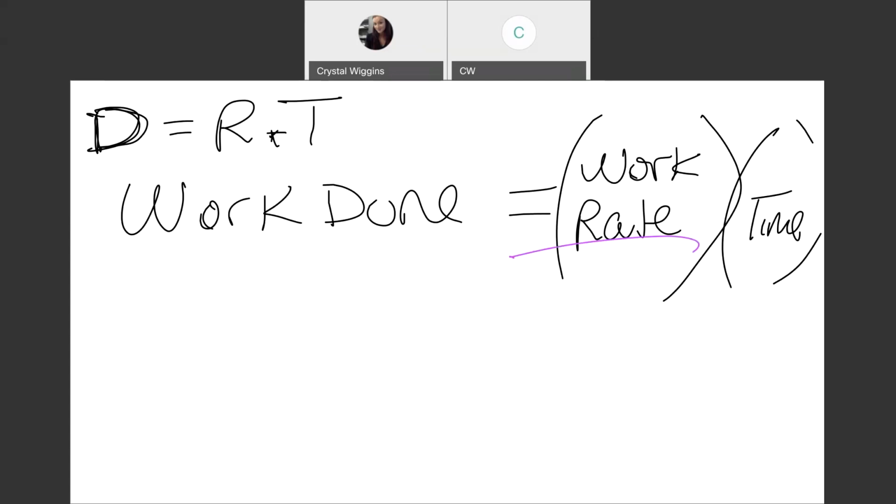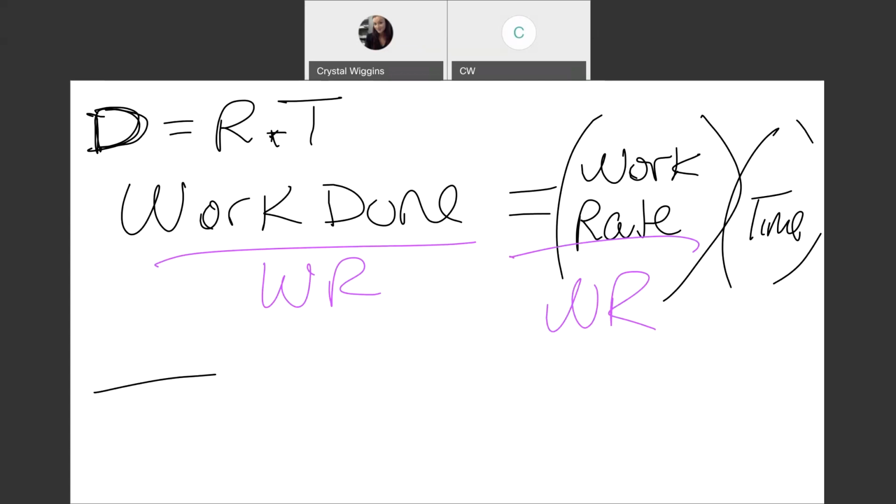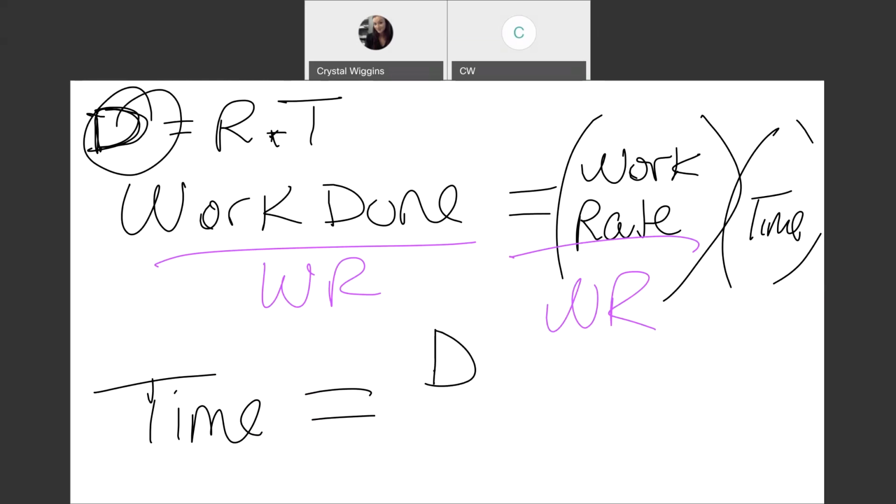So if we divide by work rate, WR, then the time it takes to row will be calculated by, in our case, we'll use the distance because we're talking about distance, not work. So we're going to take the distance and divide by the rate. The distance divided by the rate will give us the time it'll take us to do that particular activity. Okay, so we have that.